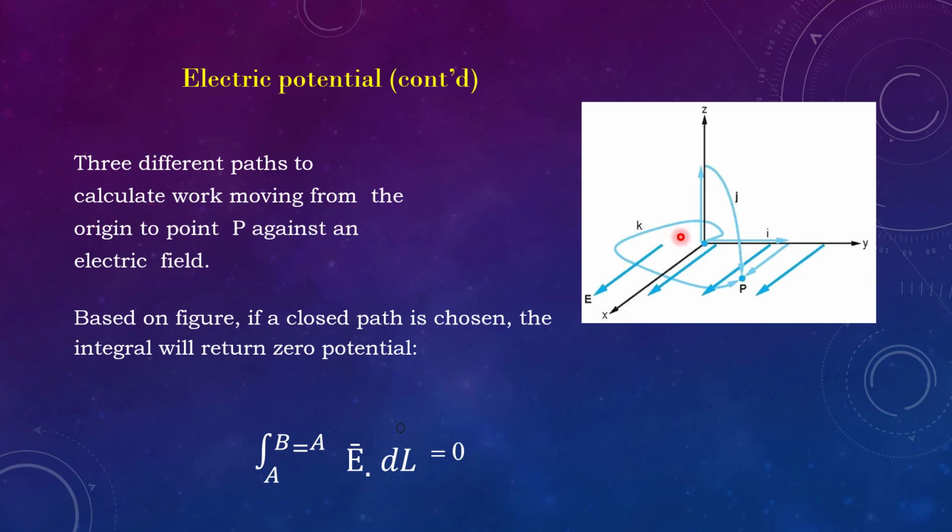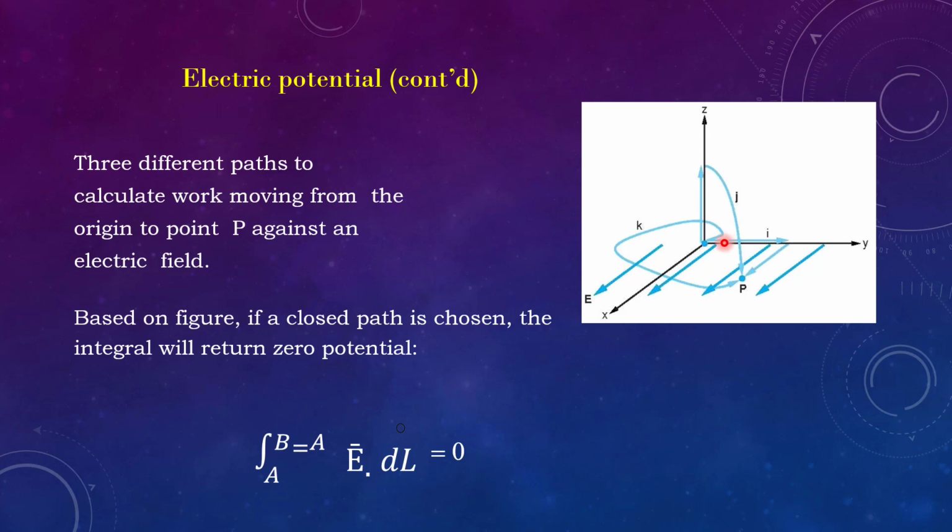Suppose the charge is present at the origin and we have to move that charge to point P. Then you can choose any path in the electric field, but for each path, the work done will be the same.